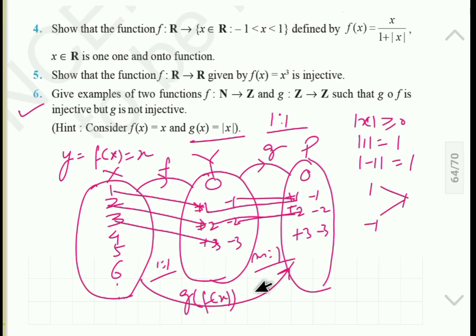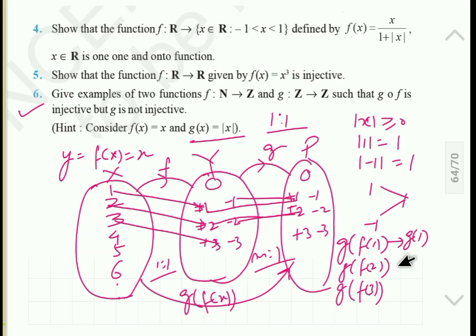Let us see g of f(x). That means g of f(1), g of f(2), g of f(3), and so on. What is f(1)? It is equal to 1. So that means g of 1, g of 2, g of 3. g of 1 is 1, g of 2 is 2, g of 3 is 3.